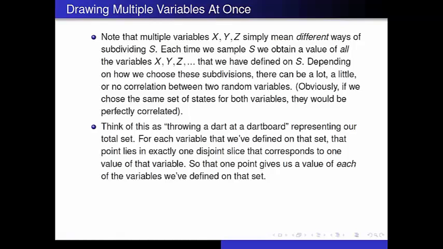Then I start throwing darts randomly, drawing pairs of values from those two slicings. You're going to see a strong correlation. I tend to draw from the first stripe of my x variable, so I'm probably also going to be drawing from my first slightly angled stripe of my second variable. Right?